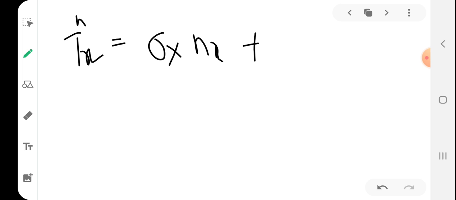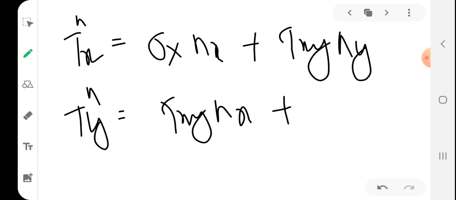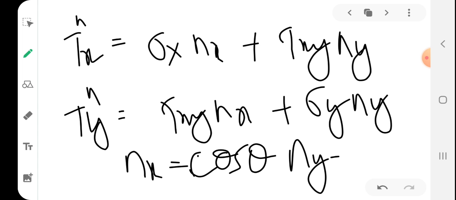So I will write Txn equal to sigma x nx plus tau xy ny. Similarly, Tyn equal to tau xy nx plus sigma y ny, right? So what is the value of nx? Cos theta, and ny is sin theta.